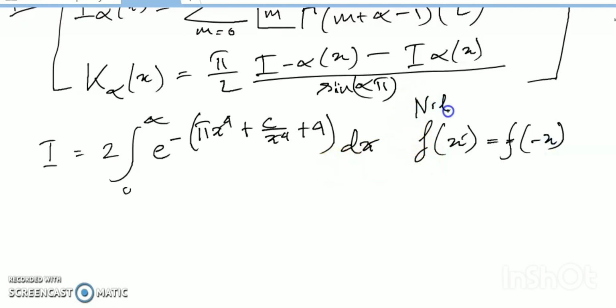Note this is the integral calculus formula.